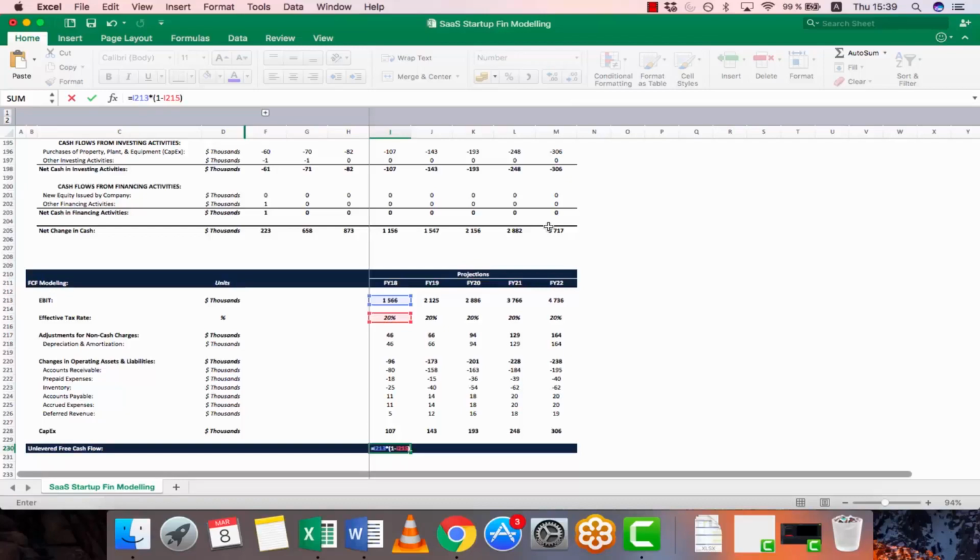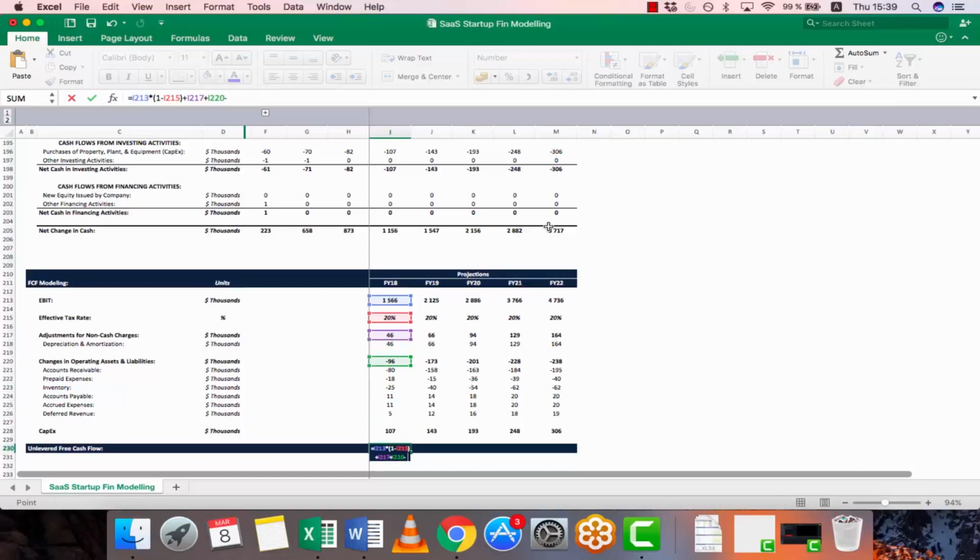Then we need to adjust for non-cash charges because we are saving on them. They help us to save on taxes. Okay, adding back depreciation and amortization. This is the sole item here. Then factor in the change in operating assets and liabilities, and obviously there is capex.